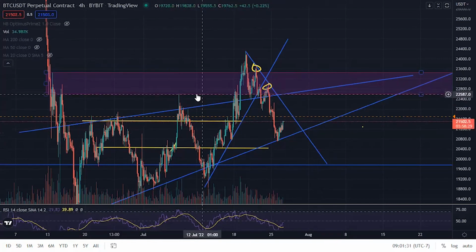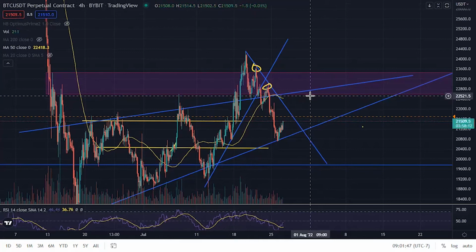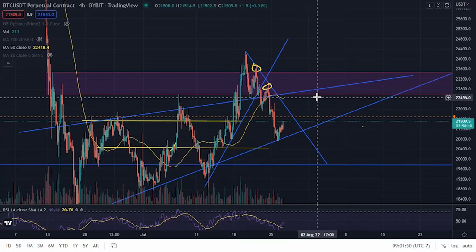As you can see, it is also resistance on the 50-day moving average here. You see, 22,500 is exactly what the resistance is here on the 50-day moving average for the 4-hour time frame.